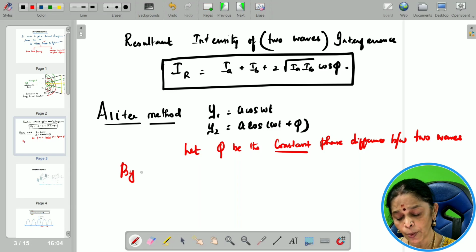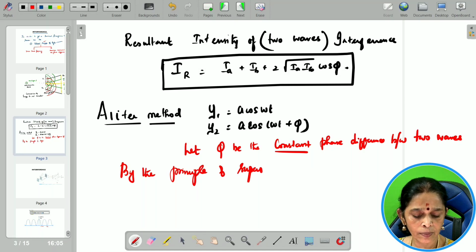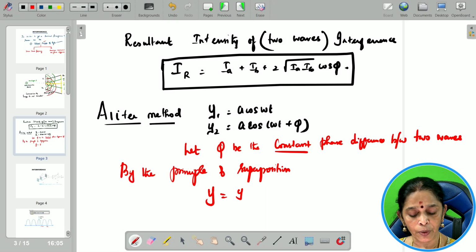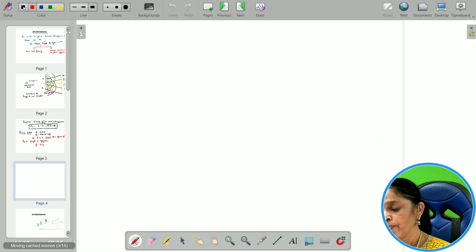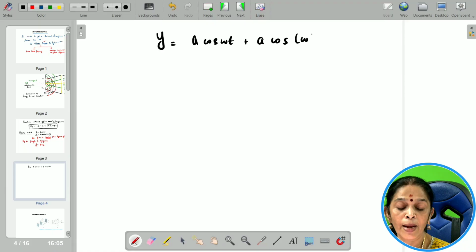By the principle of superposition, y will be equal to y1 plus y2. When added together, y will be equal to a cos omega t plus a cos omega t plus phi.